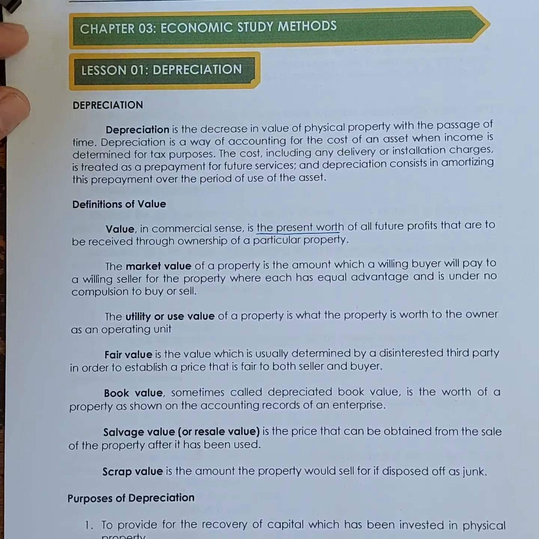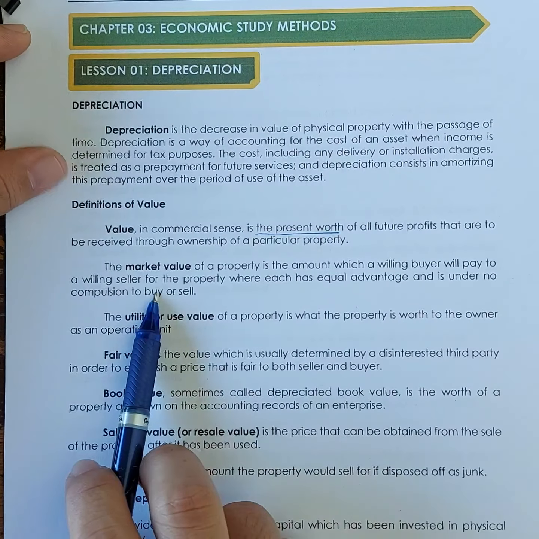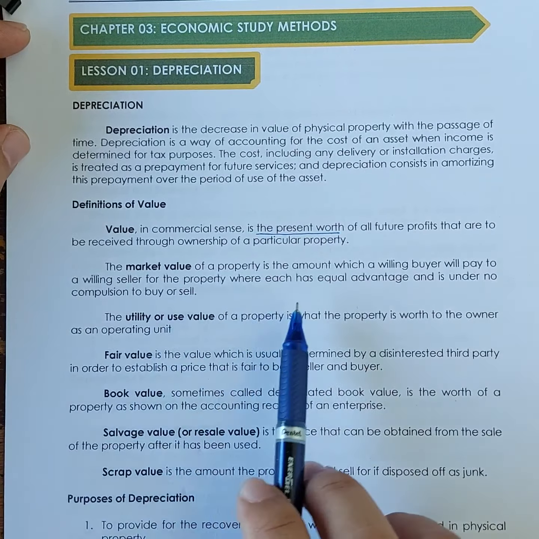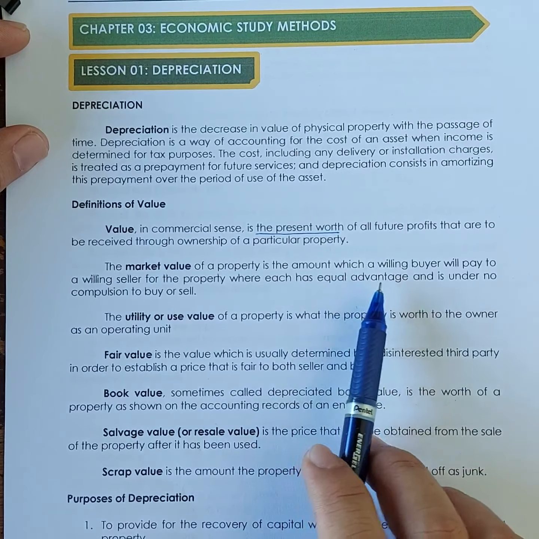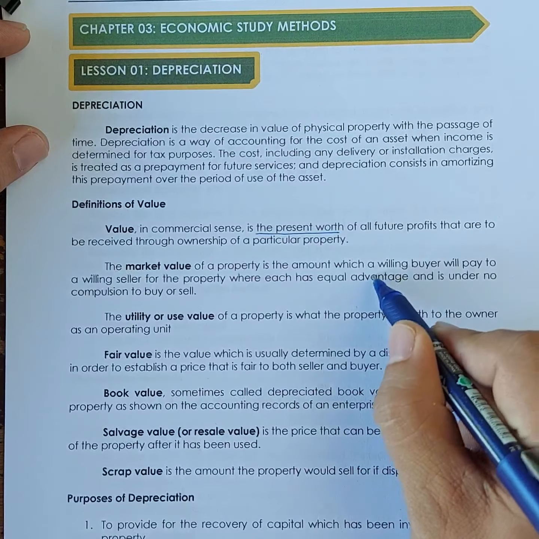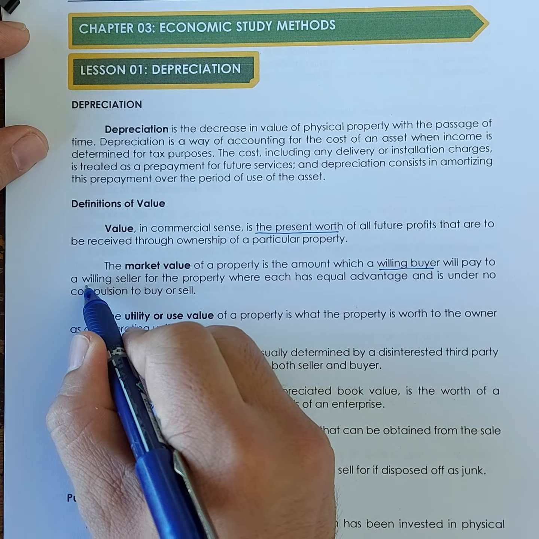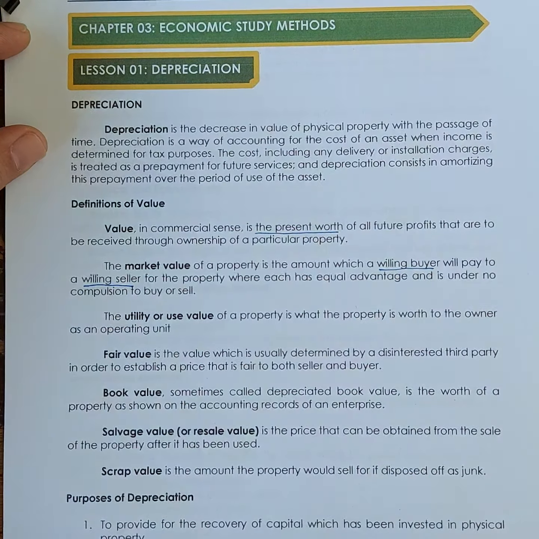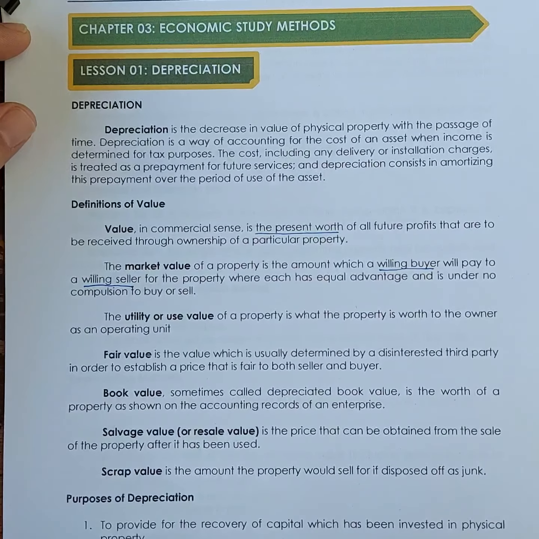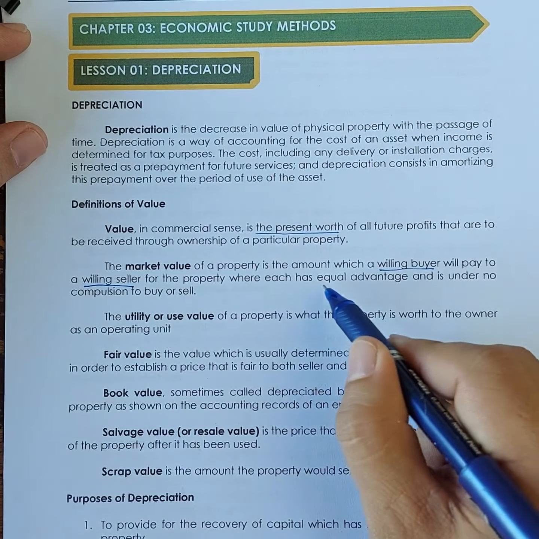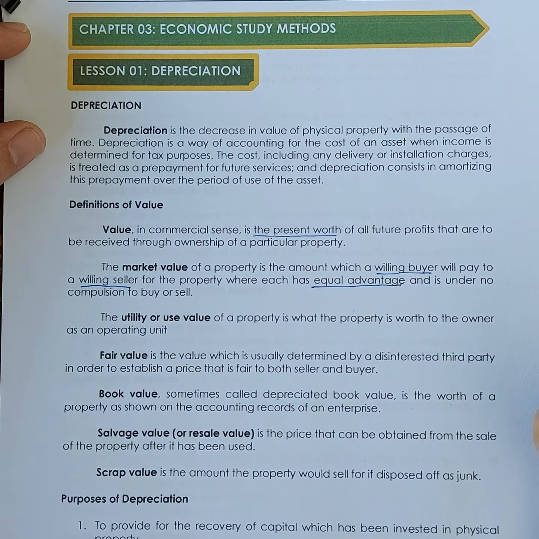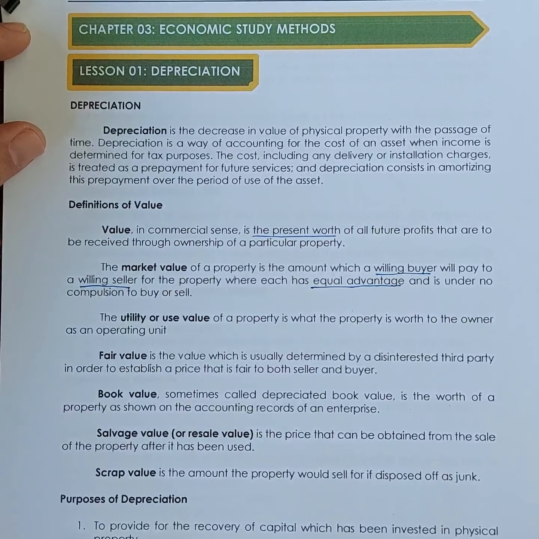Okay, next is market value. So the market value of a property is the amount which a willing buyer, so take note, a willing buyer will pay to a willing seller for the property where each has equal advantage. Okay, this is very ideal and is under no compulsion to buy or sell.